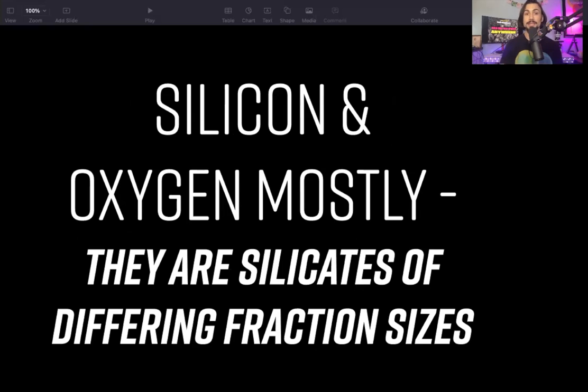So sand is the biggest. We can see a particle of sand. In terms of size, it's like a basketball in relation to a golf ball, which is the size of silt, to a dot that you would make with chalk on a chalkboard, and that's clay. Let's go basketball, golf ball, and a dot for clay.